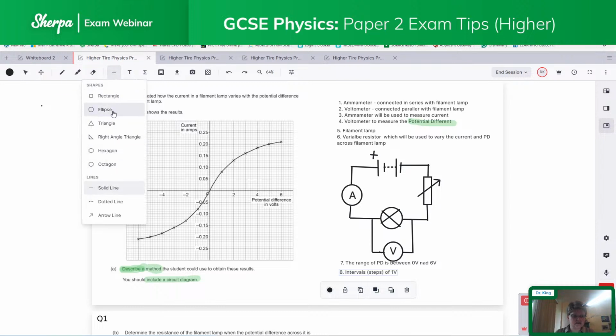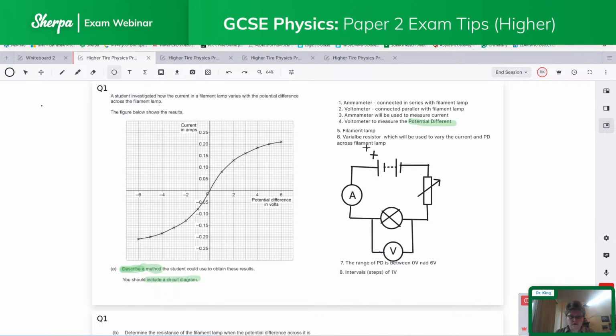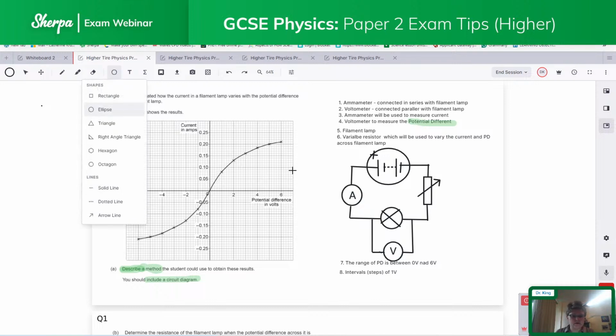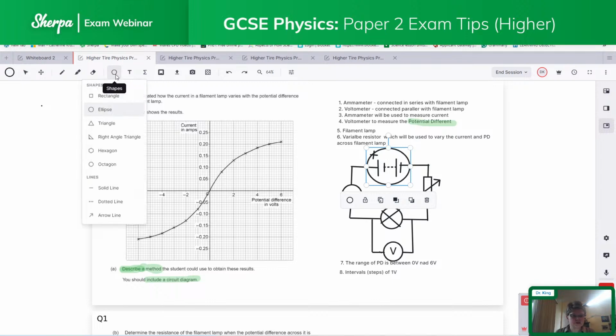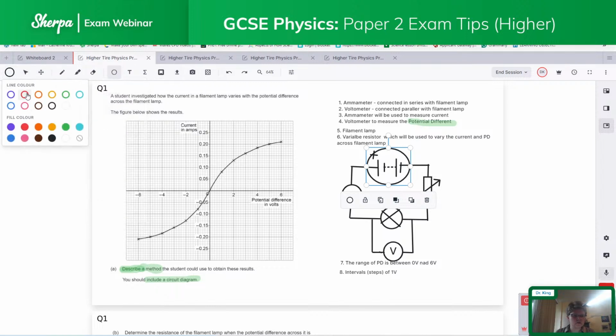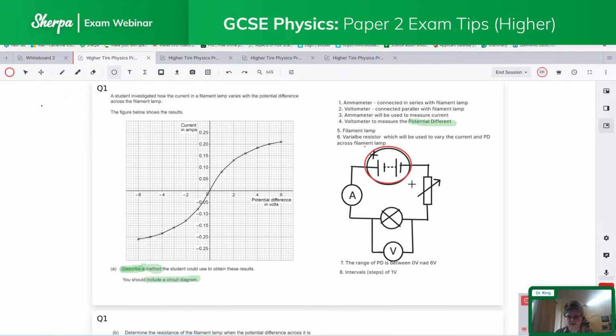It's just to swap my battery the other way around. Let's choose some other color if I can. There we go.